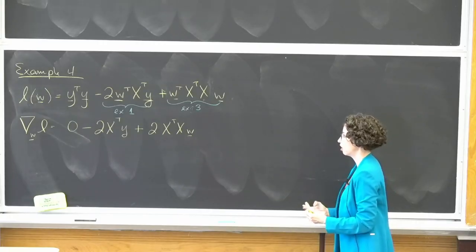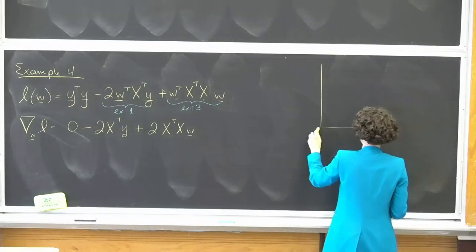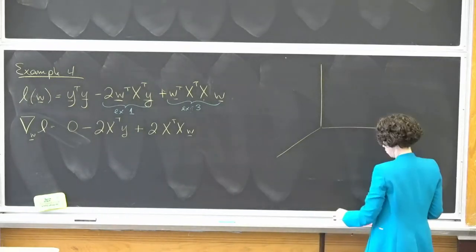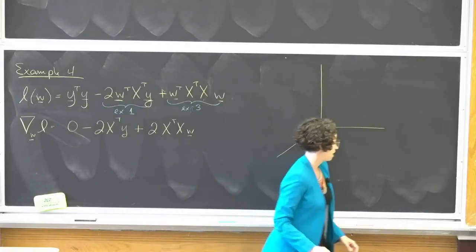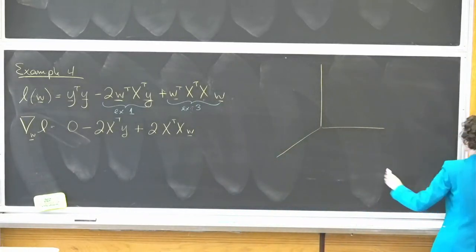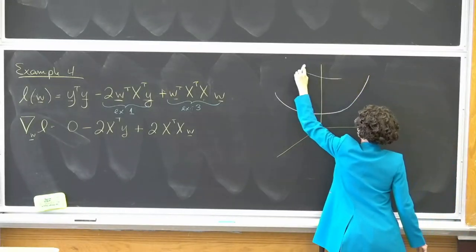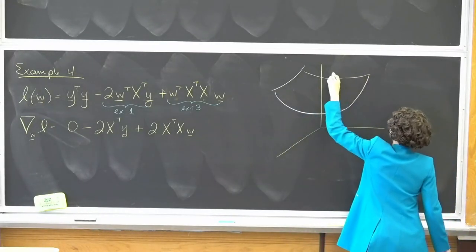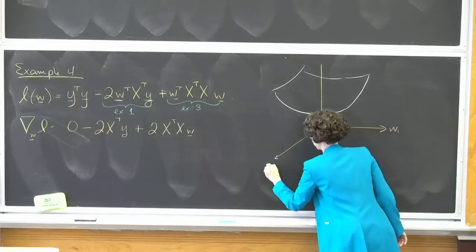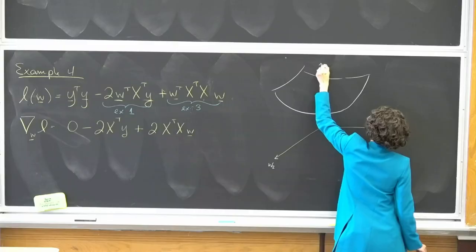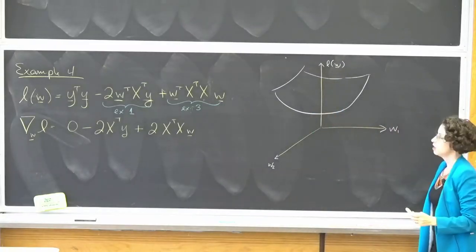It's a little bit hard to draw, but I'm going to give it a shot here. So let's imagine that our loss function is sort of like this bowl-shaped thing. Here I've got weight 1, and this direction is my weight 2, and this direction is my loss with respect to my weight vector.